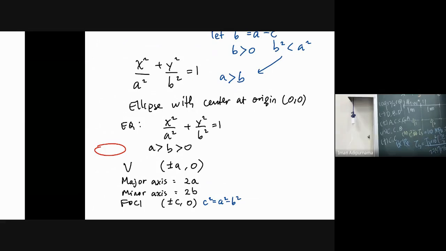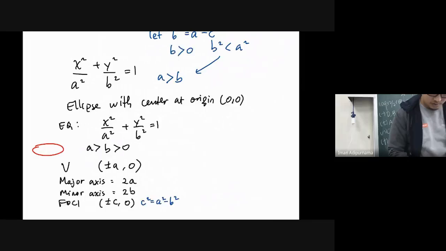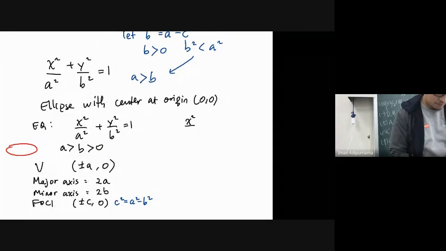I think yesterday I showed you if B is greater than A. So we are putting the same equations, but make B greater than A, because the textbook uses the same equations but different conditions for A and B. So for example, if we switch A and B, so x squared becomes over b squared, and then y squared becomes over a squared.